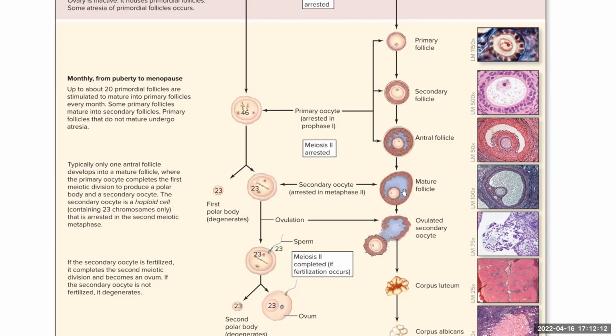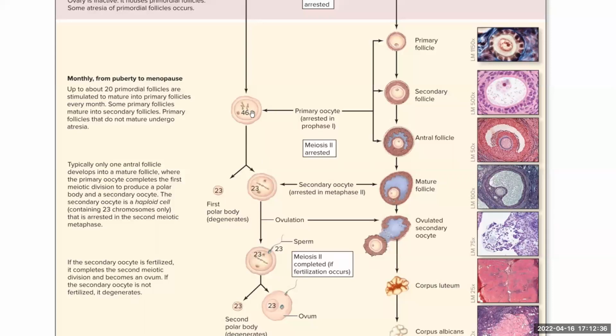That serous fluid-filled cavity here starts to get bigger and bigger, and that's what causes that movement of the oocyte. But at this point, when we're in the mature follicle, that oocyte is going to continue through meiosis 1. It's going to complete meiosis 1, and then it's going to start meiosis 2.